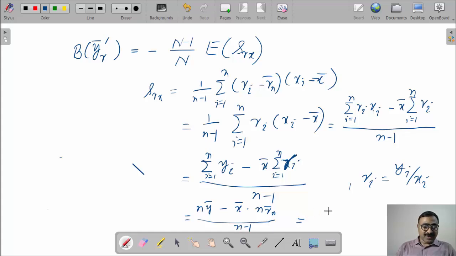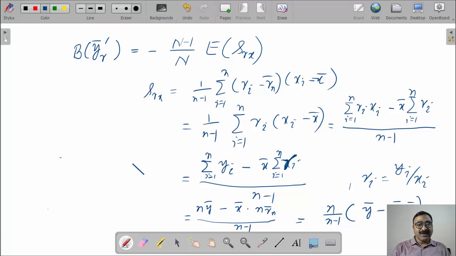So this will be equal to n by n minus 1 into y bar minus Rn bar x bar.